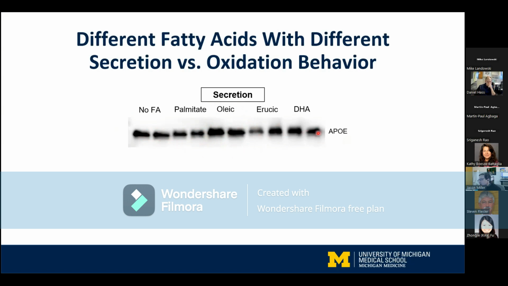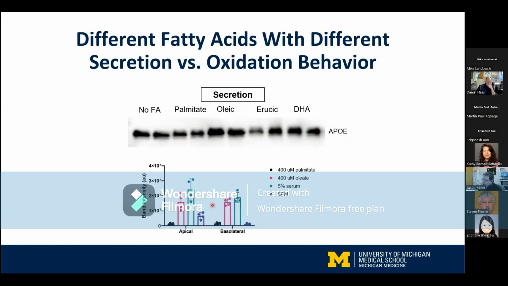And the erucic and DHA seem to be less than oleic, but more than palmitate. At least for oleic and palmitate, we've done enough of these experiments to feel pretty certain that oleic consistently causes more ApoE secretion than palmitic acid.